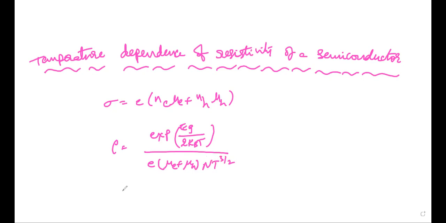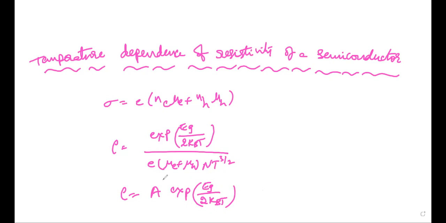Okay, so rho is equal to a constant A into exp of E_g by 2 k_B T.